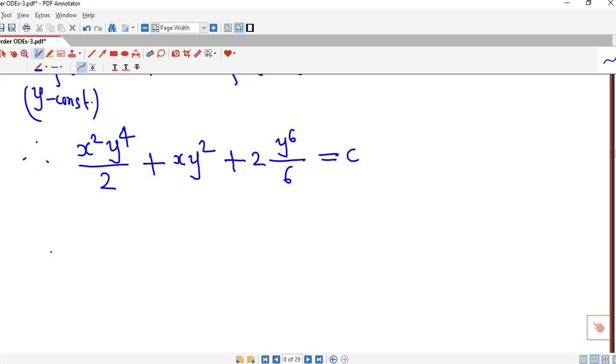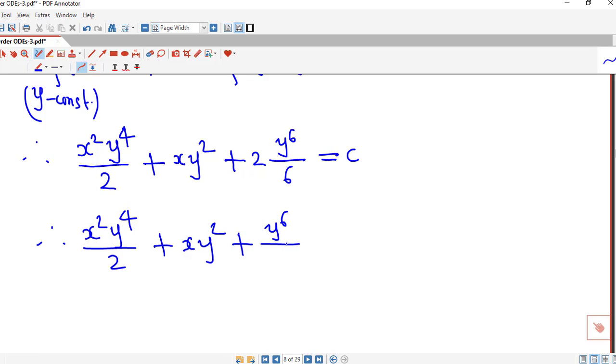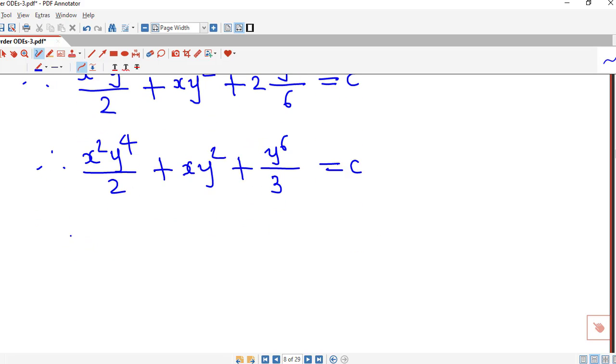Equal to a constant. So this we can rewrite as x square y raised to 4 by 2 plus xy square plus y raised to 6 divided by 3 equal to c. And if we wish, we can take the LCM 6, and we can rewrite this as, here we have to multiply with 3, x square y raised to 4 plus 6 xy square.